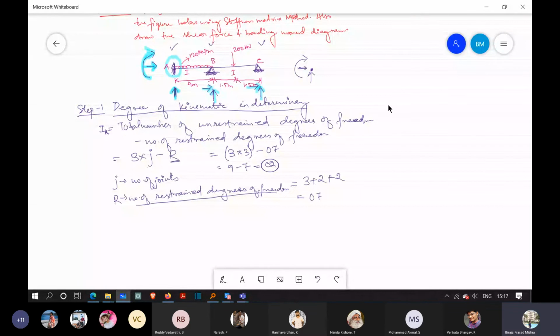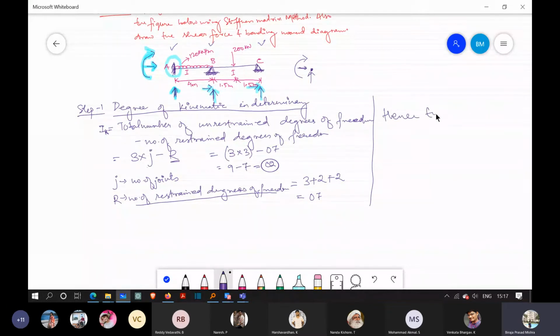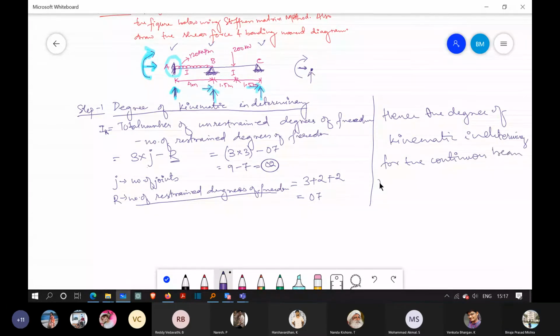So here we can write: hence the degree of kinematic indeterminacy for the continuous beam problem is 2.